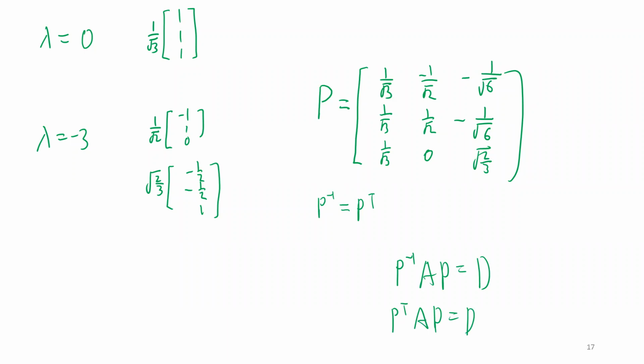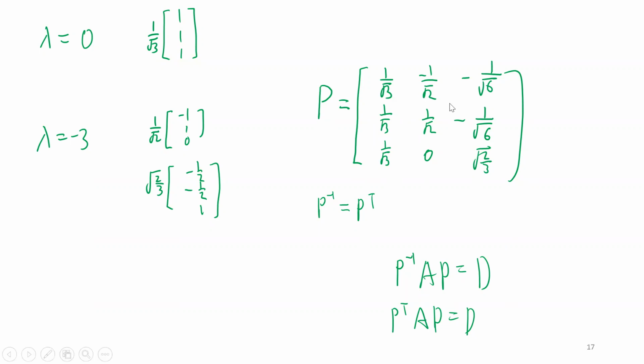So here you can see that for orthogonal diagonalization, the procedure is the same, except that when you construct your P matrix, you have to make sure that all the eigenvectors have length 1, and also whenever you have a degenerate eigenvalue, make sure that the eigenvectors you pick are orthogonal.